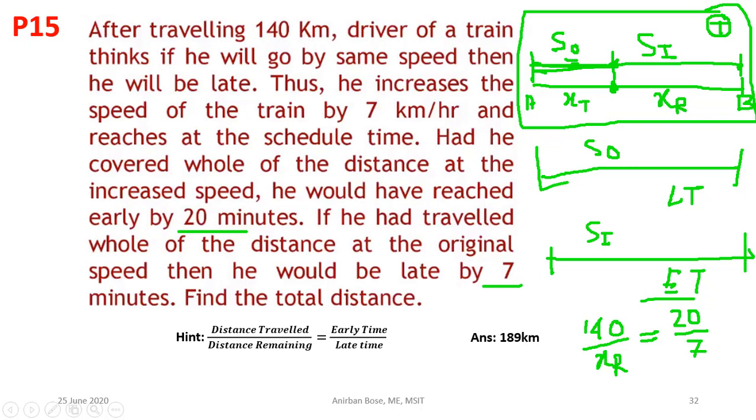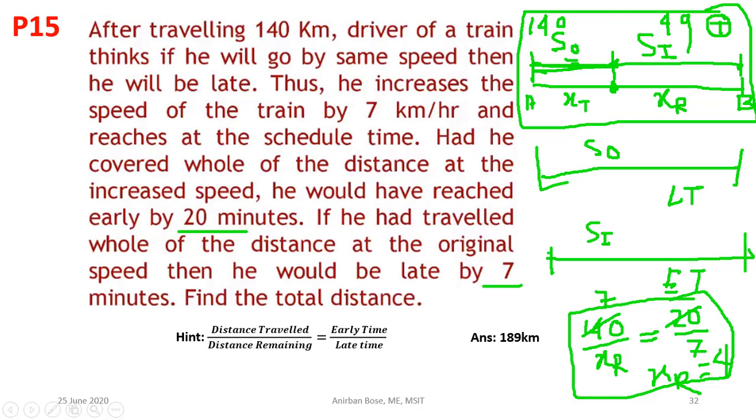So simply using this formula, you can find the remaining distance. 20 by 40 gives 7, so xr will be 49. So if this distance is 140 and this distance is 49, what is the total distance? That is 189. So within 30 seconds you can solve this problem.